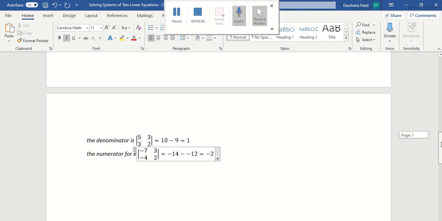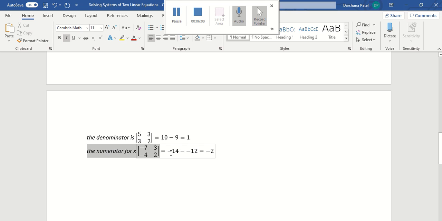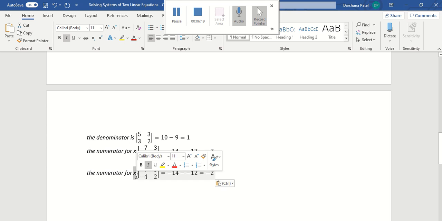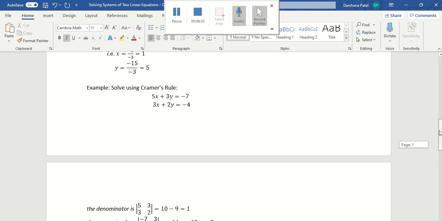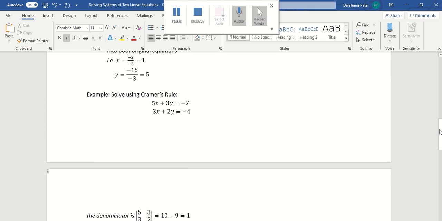In a very similar way, we can find the numerator for y. The x column does not change, so it remains 5 and 3. The y column is replaced with the entries on the other side of the equal sign, negative 7 and negative 4.